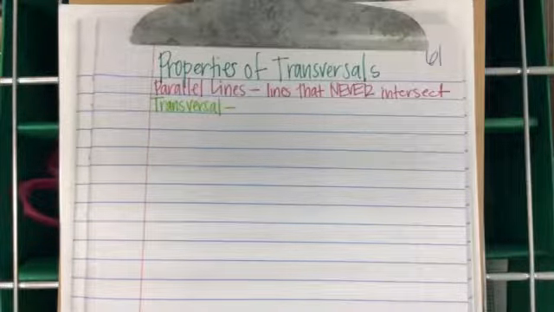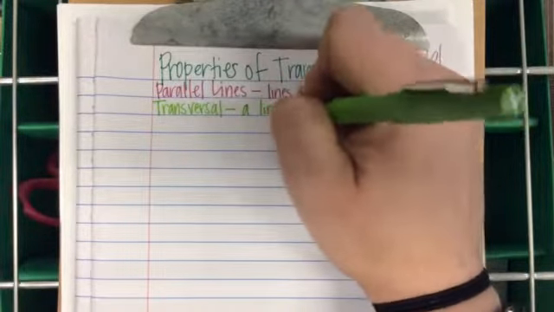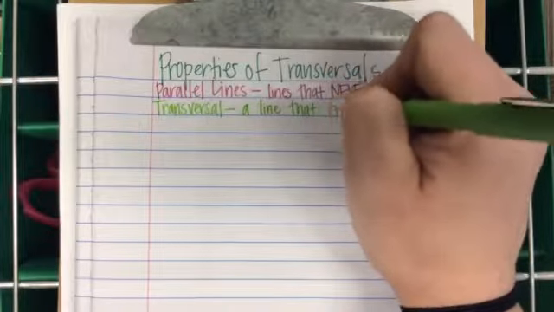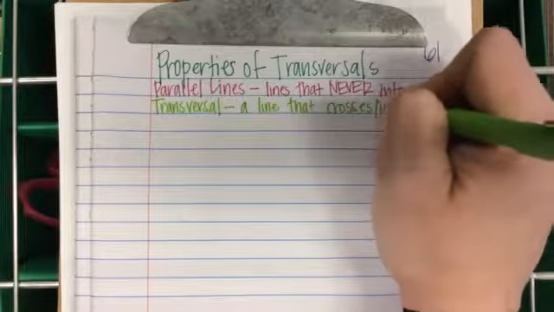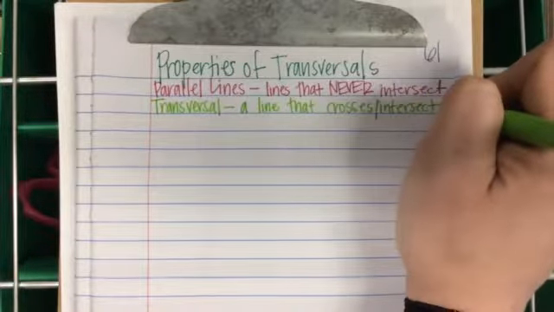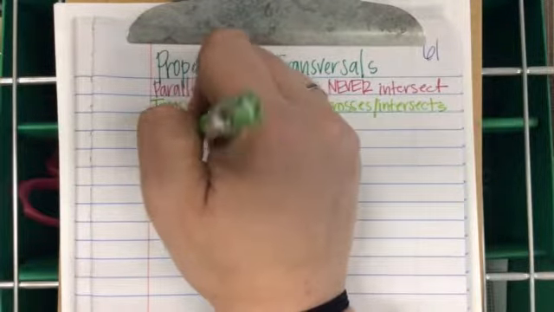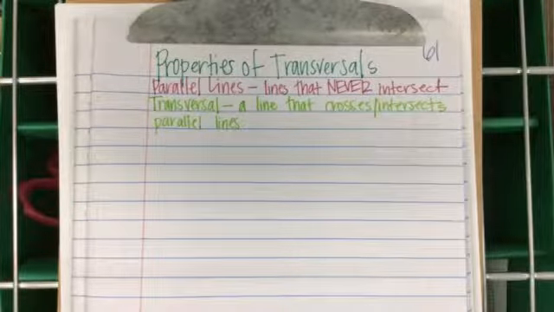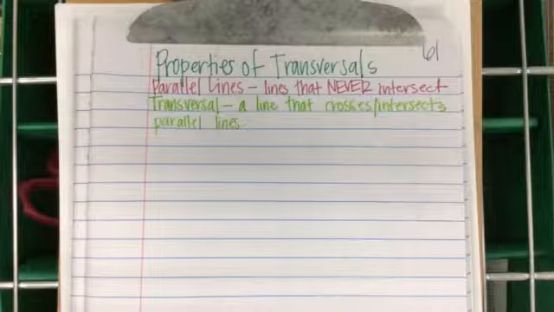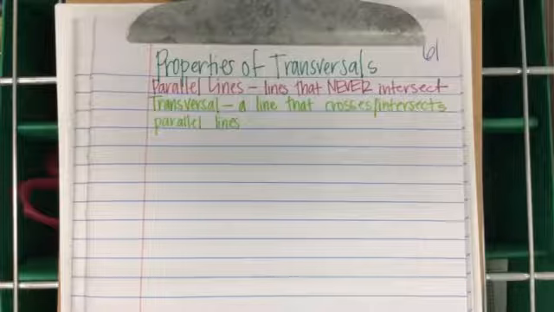A transversal is a line that crosses or intersects parallel lines.